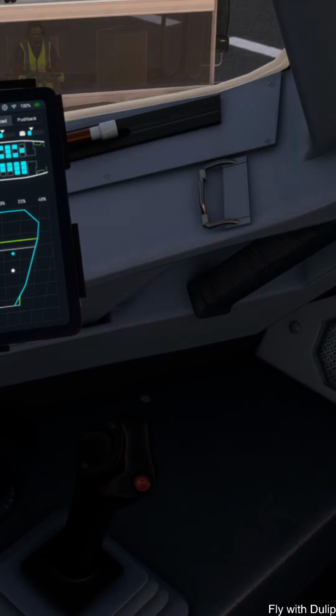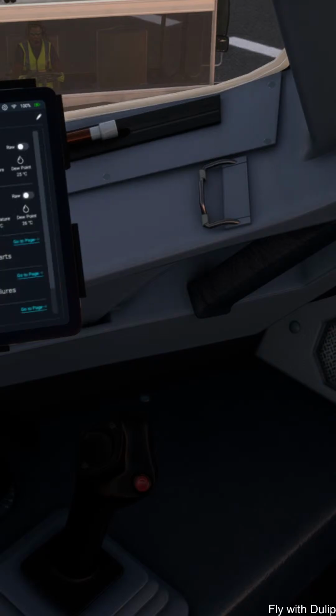Okay, our V1, rotate, V2. Let's go to the performance calculation. Our runway is to do QNH 1009, wind speed 7 knots.